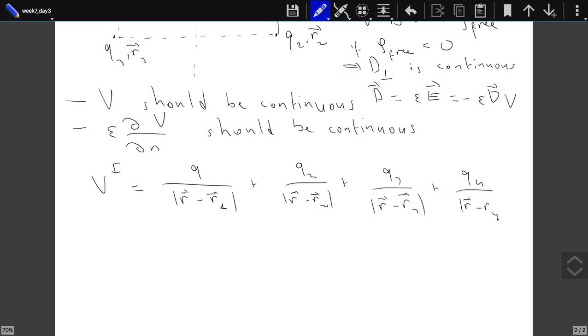This is the potential that an observer will feel in region 1. Is this true? I would say no. Yeah. What is the effect of a dielectric?